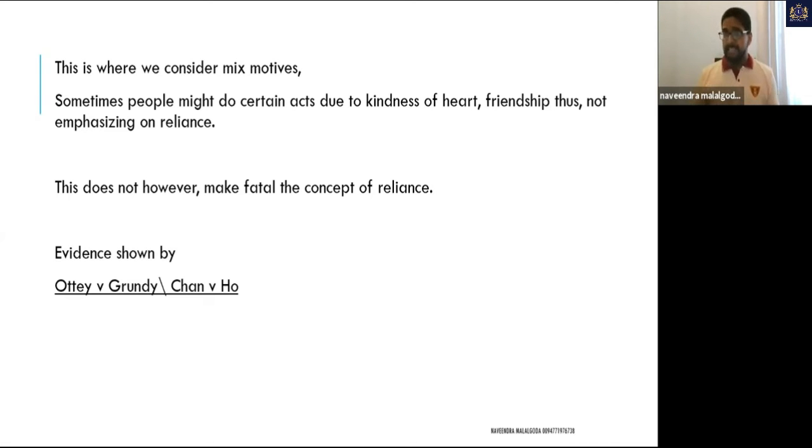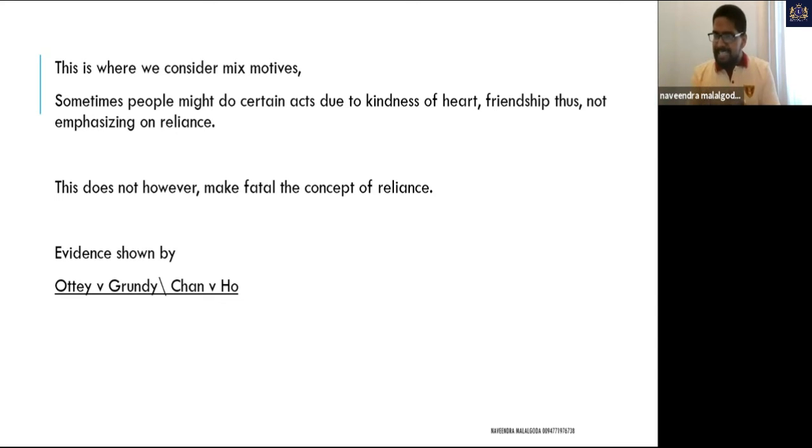He ensured that she was comfortable, and he took care of her day-to-day needs, because he took the role of a carer as well. And when that happened, this old lady made certain assurances that he would acquire certain interest over land when the old lady passes on.